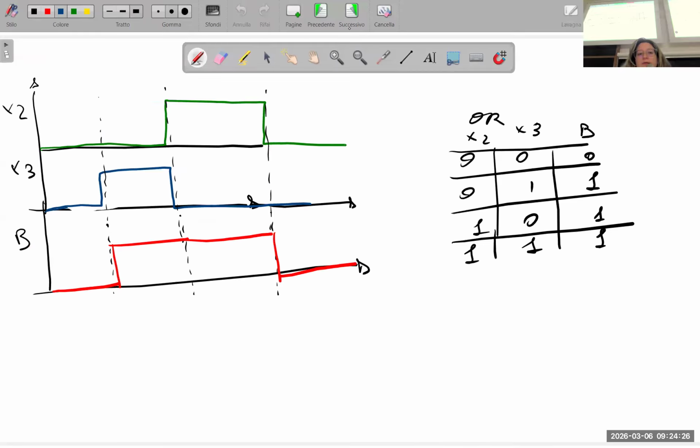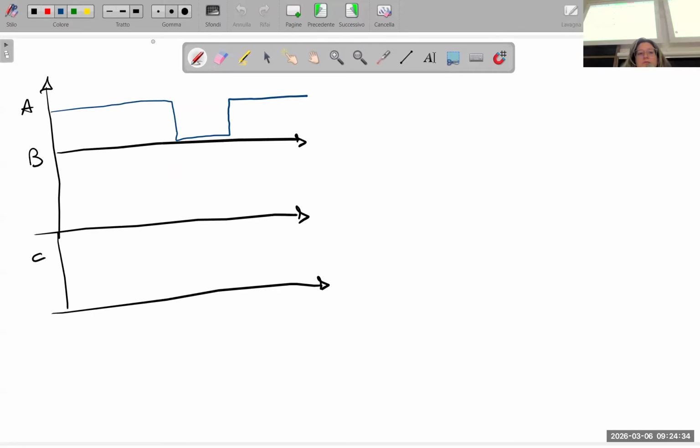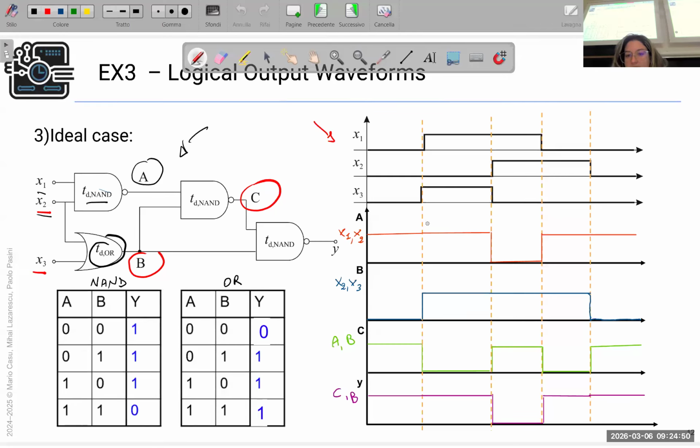And then we have B, which is 0, 1, 1, 0. 1, 1, 0. I don't know if the timing is fine. You can see it here. Okay, here we have A, B, and C. So we have 1, 1, 1, 0.